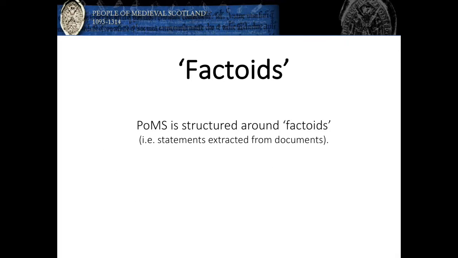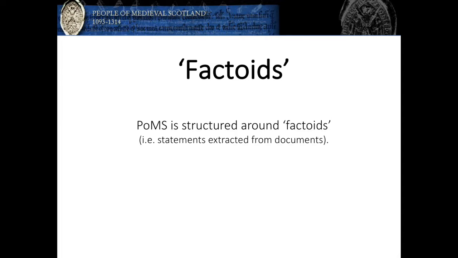Structuring the database around factoids means that only those things which are specifically mentioned in the sources are included in PoMS. In other words, no assumptions have been made about the people, their relationships or actions. For example, it may seem clear from a particular document's transaction that a certain person is a tenant of another.